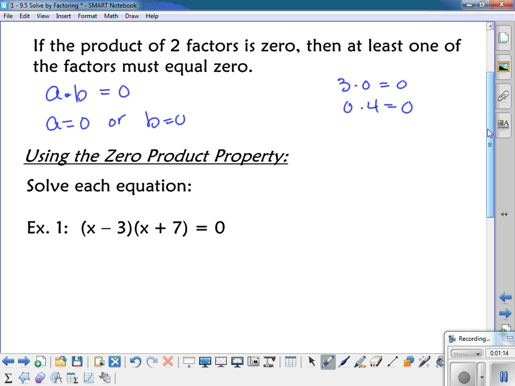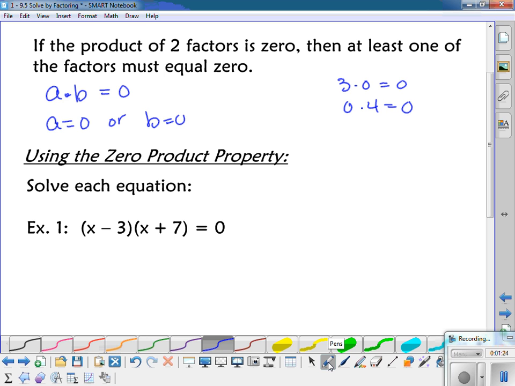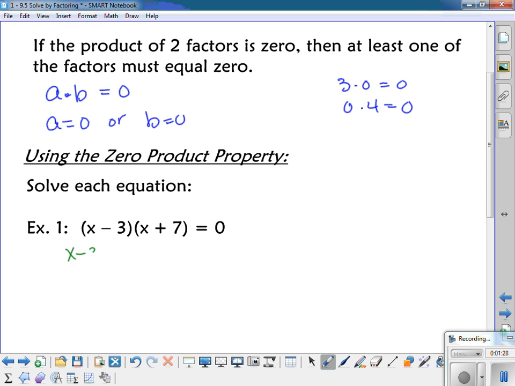So we're going to look at the first equation. We've got x minus 3 times x plus 7 equals 0. So if that product is equal to 0, then one of the factors has to equal 0. So either x minus 3 has to equal 0, or x plus 7 has to equal 0.